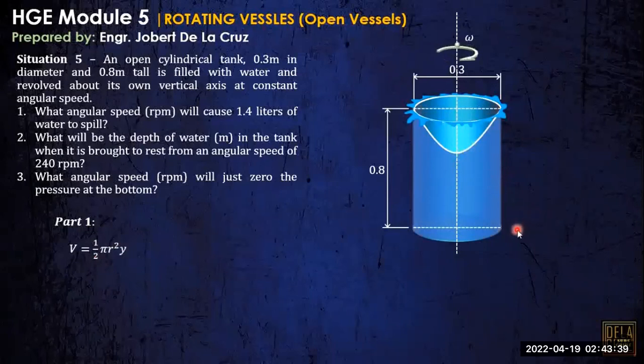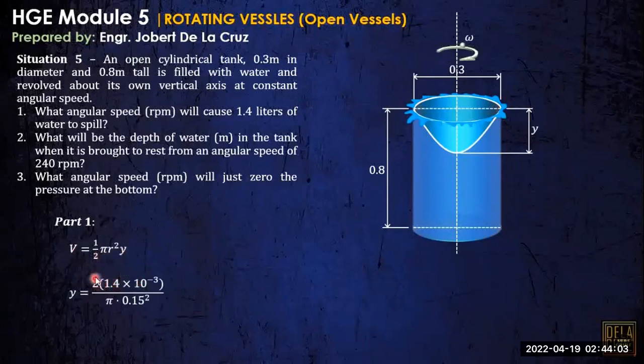Okay? So, take note that yung tinatanong is angular speed, then we should have this value of y. Take note that 1.4 liters, we can substitute this one dito sa volume. In that case, makukuha natin yung y. Cross multiply lang natin on 2.